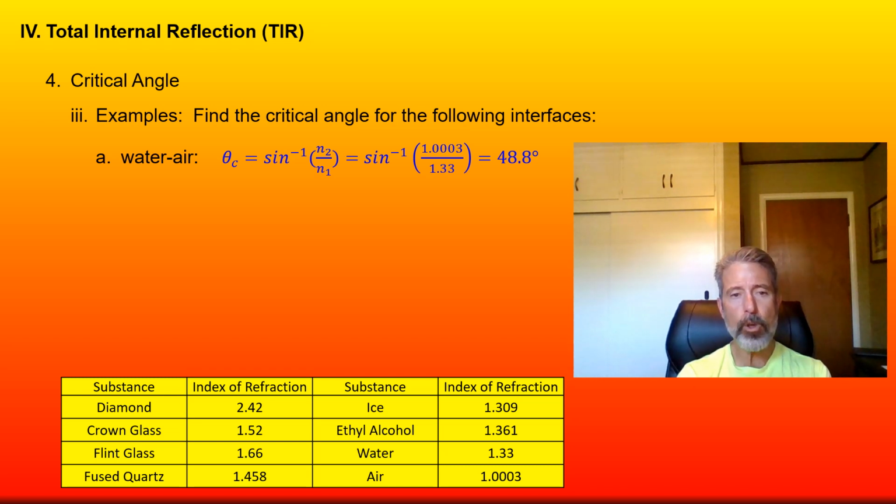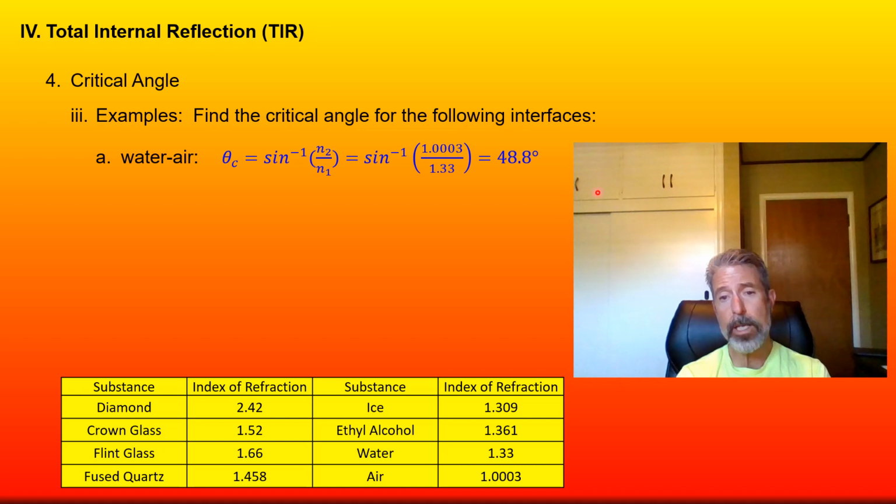So here, when we use our expression for the critical angle, remember that while this expression is easy, you have to make sure that you get the right values for n2 and n1. So n2, the index of refraction for the transmitted medium, which must be air for TIR to happen, 1.0003, divided by n1, which is the index of refraction of water.